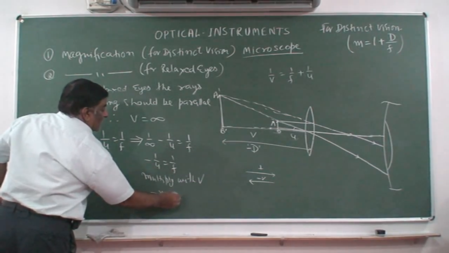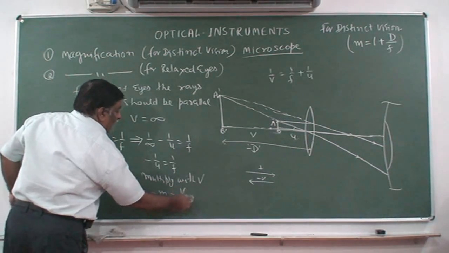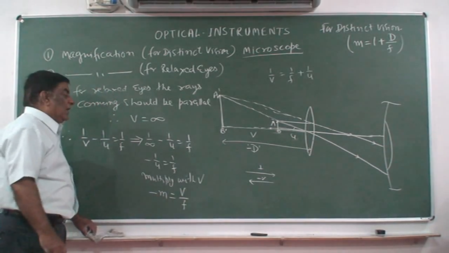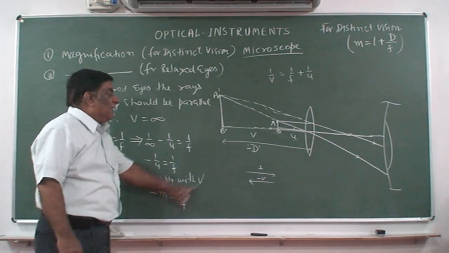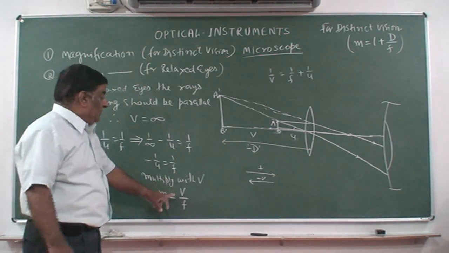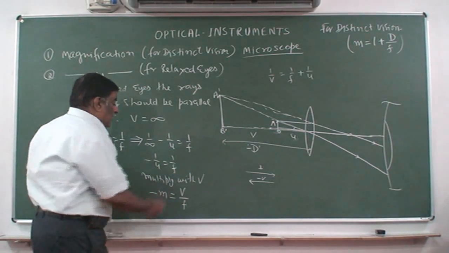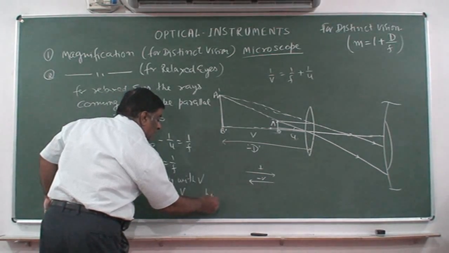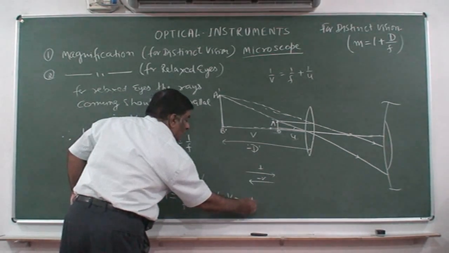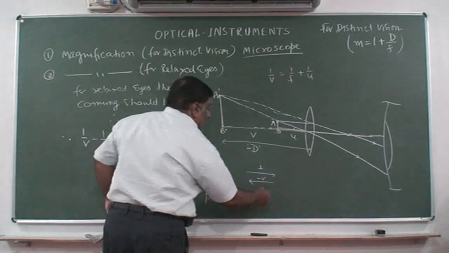This is minus M is equal to V upon F. Now let's put the value of V in terms of D. We want to see it clearly. So here put V is equal to minus D, and what do we get here?